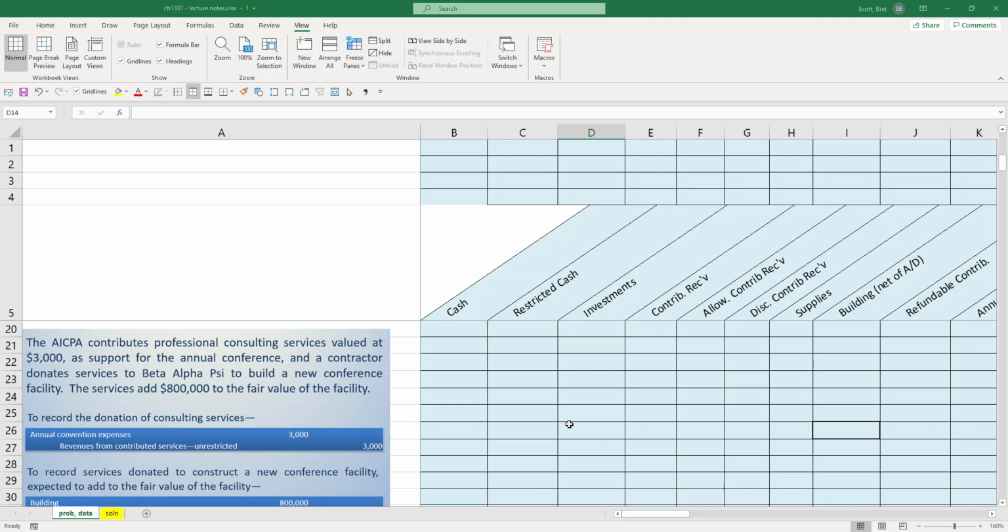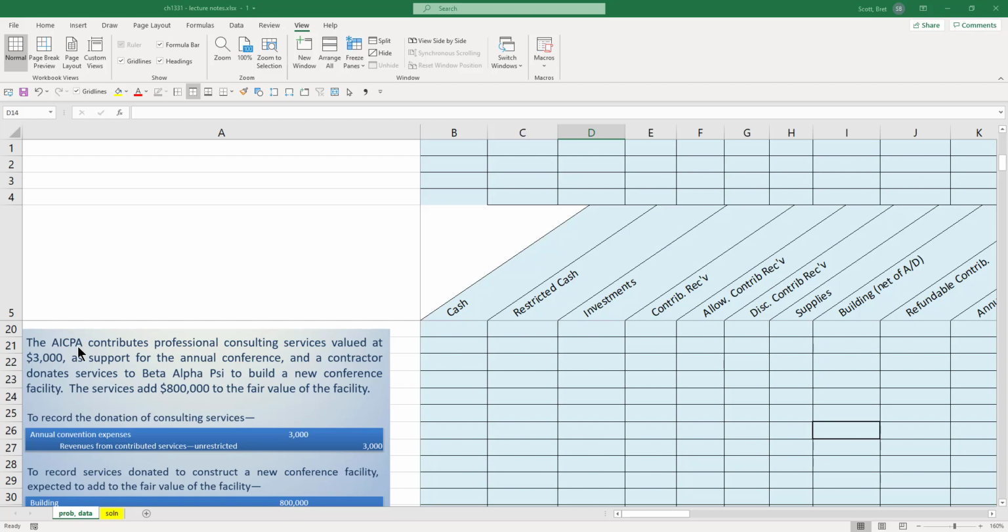The AICPA is the American Institute of Certified Public Accountants. This is a national organization. If you don't recall what the AICPA is, realize it's been around in perpetuity, since before the Great Depression.